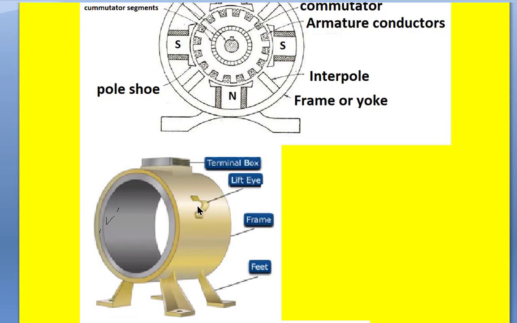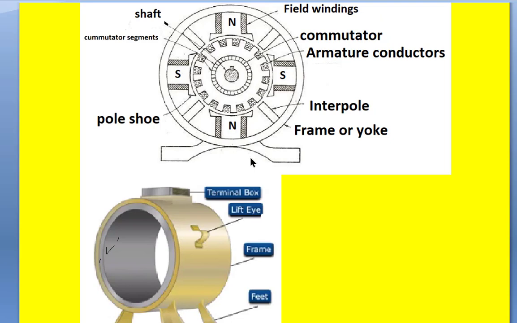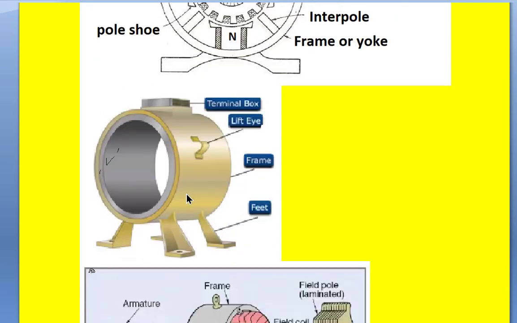This is used for lifting the motor, and this is the terminal box where supply is given, DC supply is given to the pole field winding and armature winding.